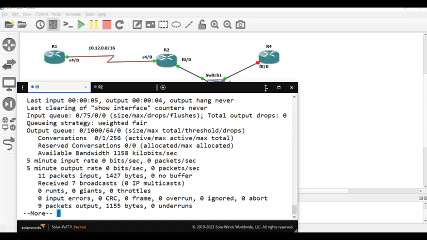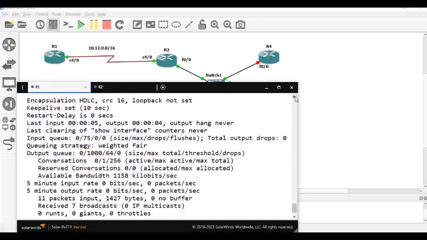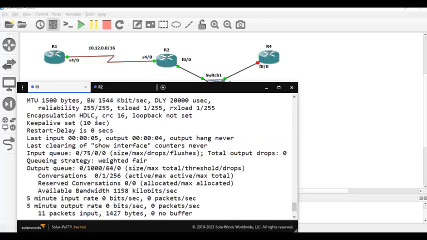This is the default layer 2 protocol. Instead of this, you can also have PPP, point-to-point protocol. But you need to enable PPP on both sides. These two are Cisco routers, so by default, HDLC on this end, HDLC on this end. No confusion. They will talk to each other, they will understand each other.